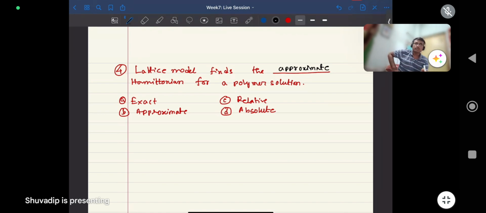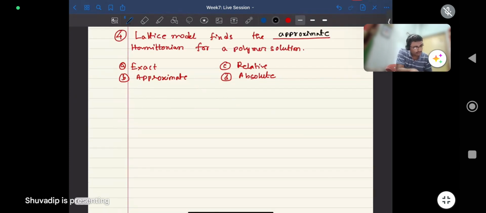There is another assumption that Z, the coordination number, Z neighbors are always there, which may not be equal in all possible scenarios. And also we have dropped some of the terms in the interaction energy and while writing the entropy also.